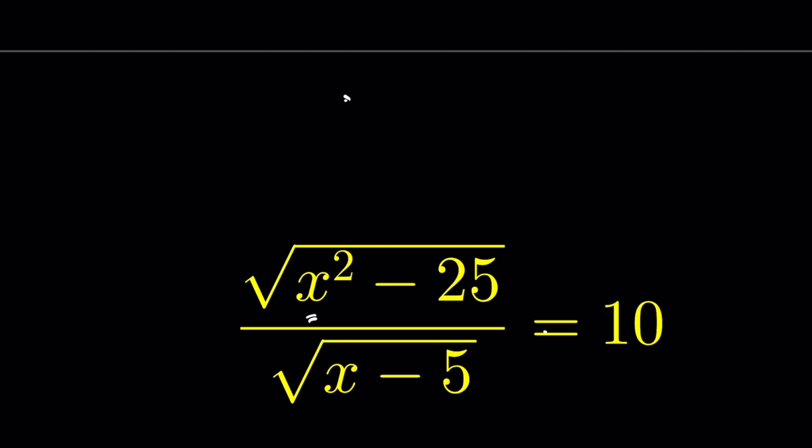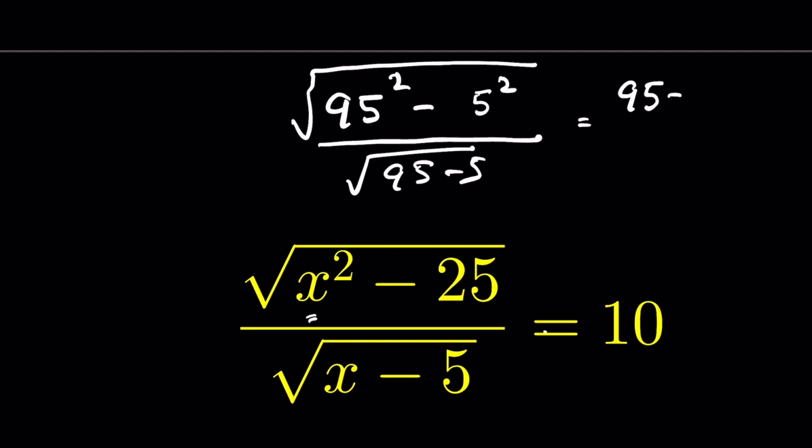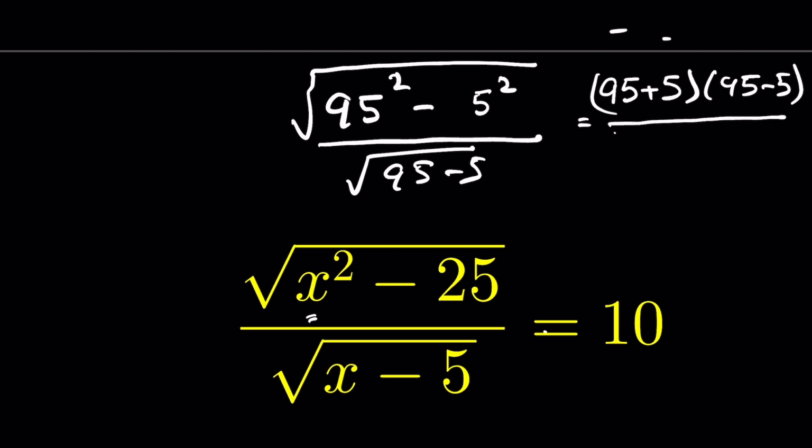If we put 95 here, it will be √(95² − 25) upon √(95 − 5). If we write 25 as 5², then this is in the form of difference of squares. So we can write (95 + 5) times (95 − 5), because a² − b² is equal to (a + b) times (a − b), upon 95 − 5 is 90.